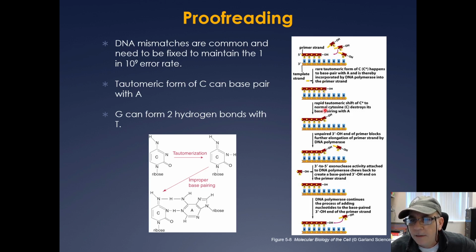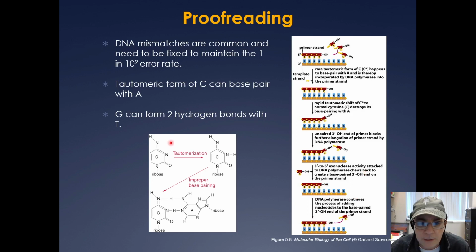Okay, this tautomeric form isn't going to last for very long, and then eventually you won't get the good hydrogen bonding, and the base will not be base paired. And this can be sensed by the DNA polymerase. And then the DNA polymerase actually has 3' to 5' exonuclease activity that can remove the improperly paired base, and then the correct base can be put in.